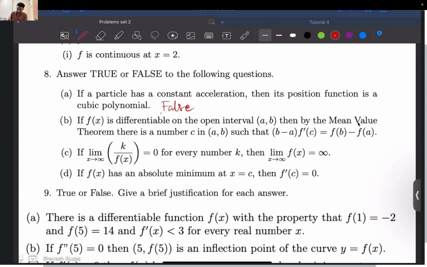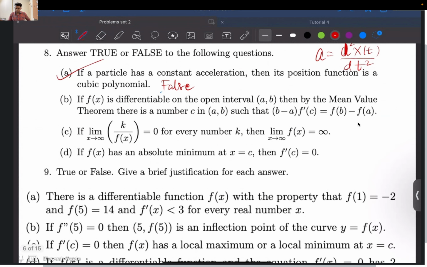Acceleration is nothing but a double derivative of the position function. So if my acceleration is constant, then you can expect your position function to be a quadratic, because acceleration and the position function are related by a double derivative.